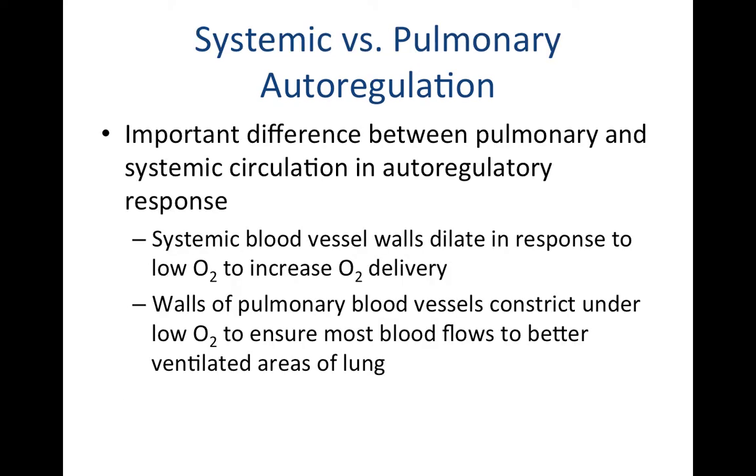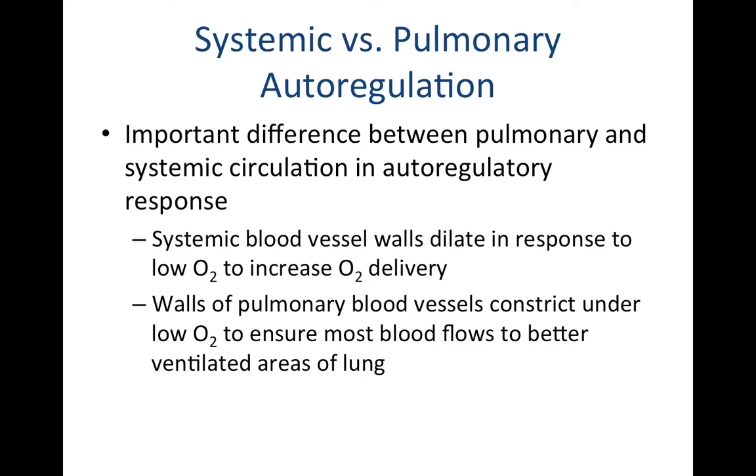So going back to that systemic and pulmonary autoregulation difference, there's a difference because you have different purposes for the blood flowing through those circuits. If you have blood flowing through the pulmonary circuit, the whole purpose is to pick up oxygen into the blood and drop off carbon dioxide.